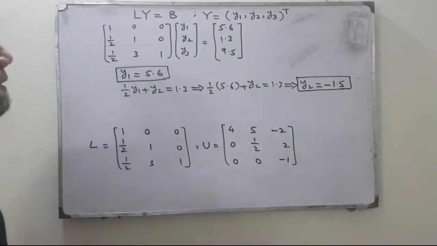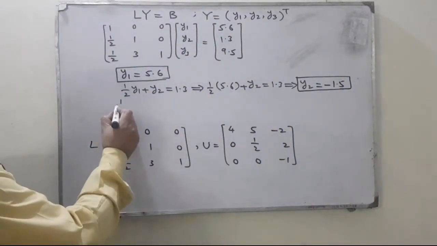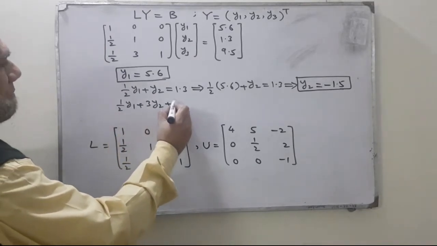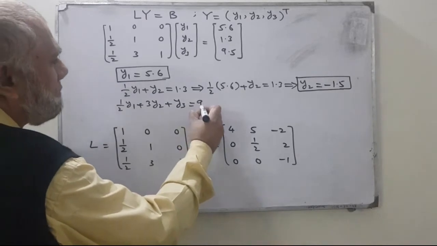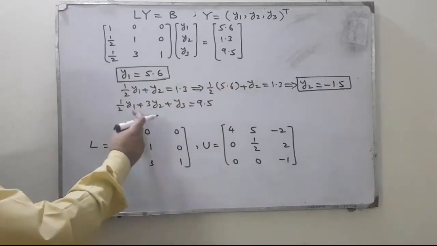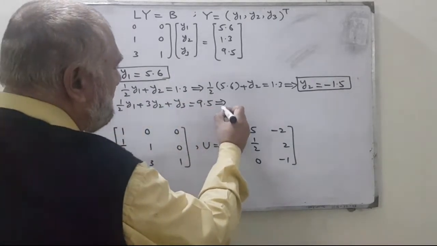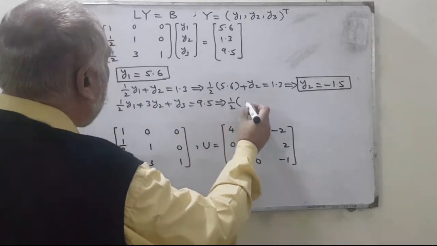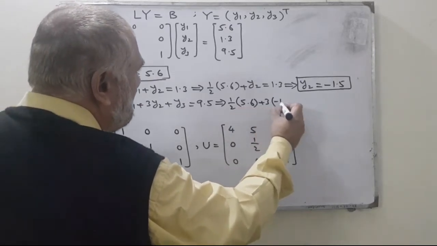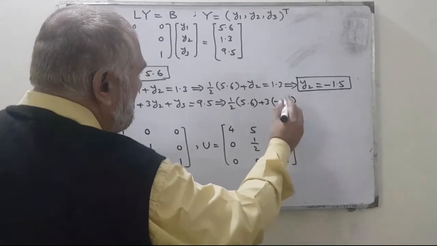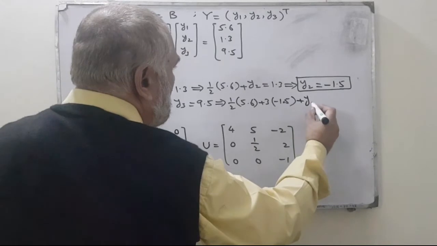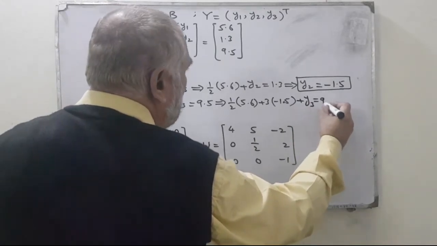Okay. And similarly from the third equation we get 1 by 2 y1 plus 3y2 plus y3 is equal to 9.5. And we have y1 as well as y2, so we can put them here to calculate y3. So 1 by 2 times y1, which is 5.6, plus 3 times y2, which is minus 1.5, and plus y3, and the right side is equal to 9.5.